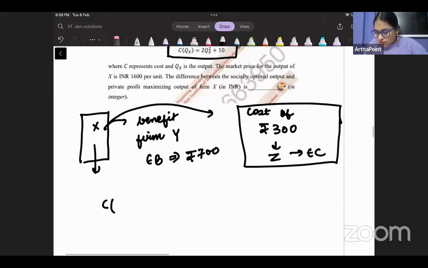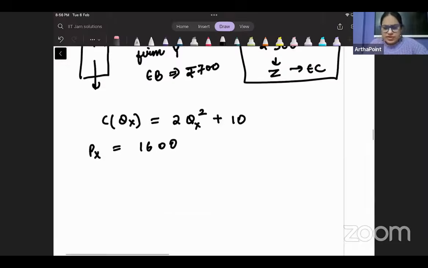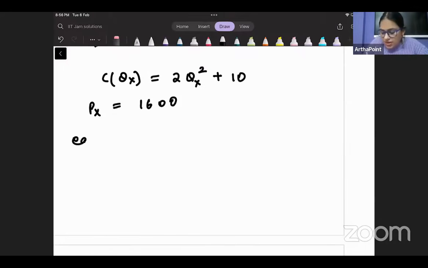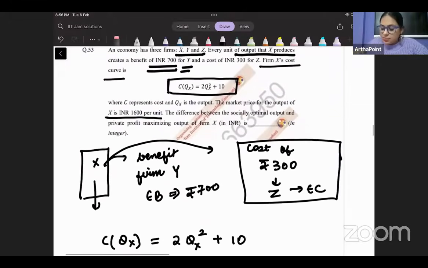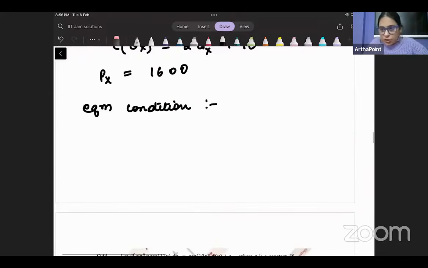It is saying the cost curve of firm X is given as 2q square plus 10. And it says that the price of good X is given as 1600. Now, this question is very simple. What is my equilibrium condition usually? Where do you attain equilibrium? Usually, for this firm, I am not given the marginal revenue of the firm.